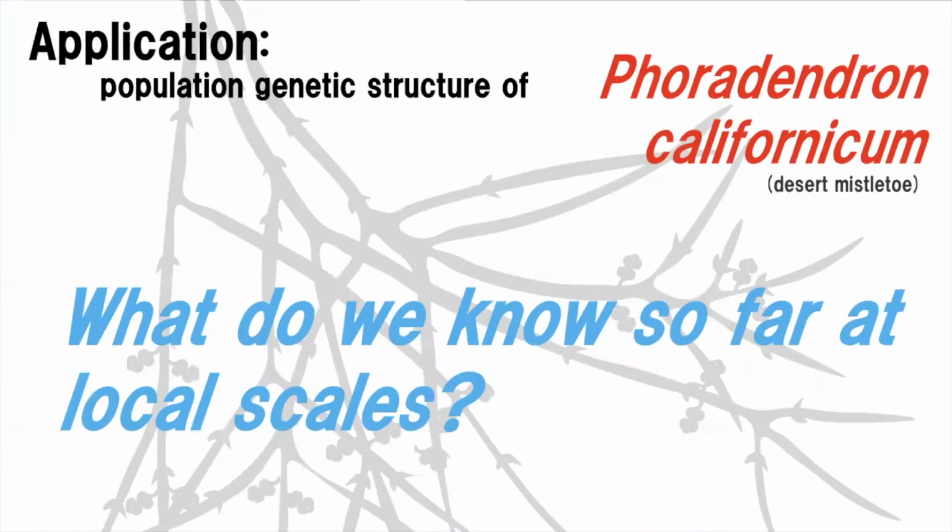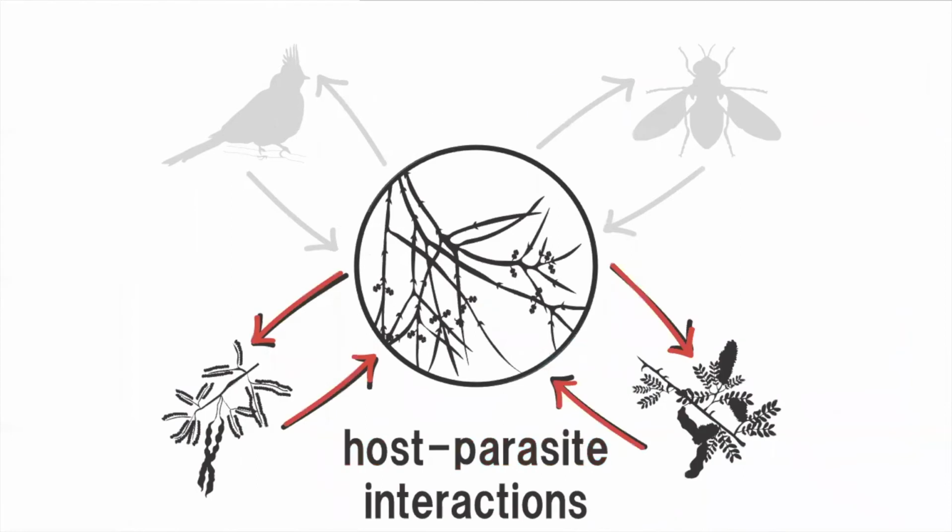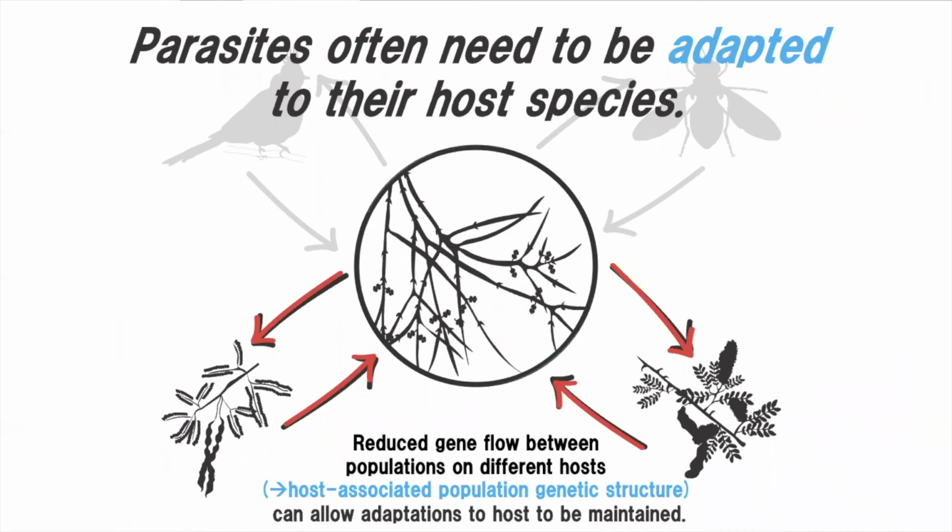So what do we know about what structures Phoradendron californicum genetically at local scales so far? Phoradendron californicum sits at this web of positive and negative species interactions. The most obvious of those is that it's a parasite, so it has a number of host species that it relies on.